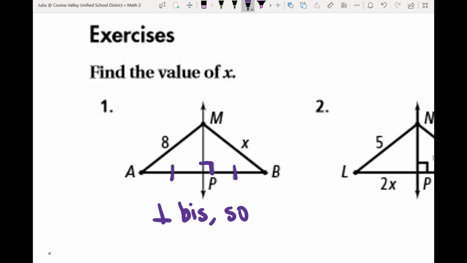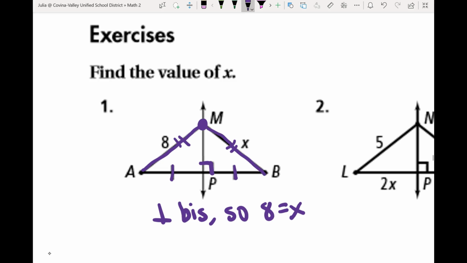So because of that, what are you allowed to say? What two things are equal now? The 8 and the... Those two things are equal. Because it's on a perpendicular bisector, any point here would be equidistant from here to here and from here to here. It's the same distance.